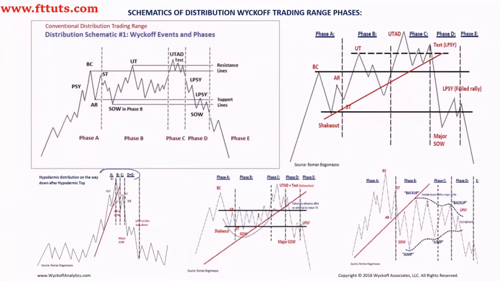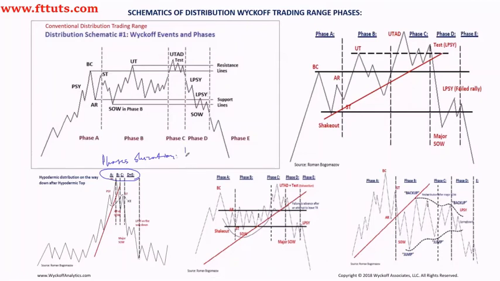And this is the biggest difference between the hypodermic formation and anything else that we see here on this slide. The phases are going to collapse, and the duration of the phases is going to shorten.